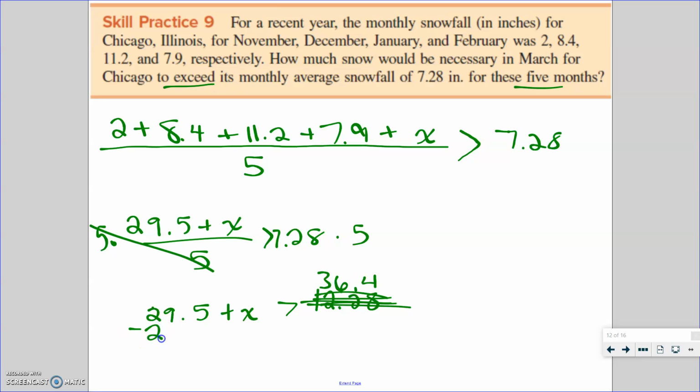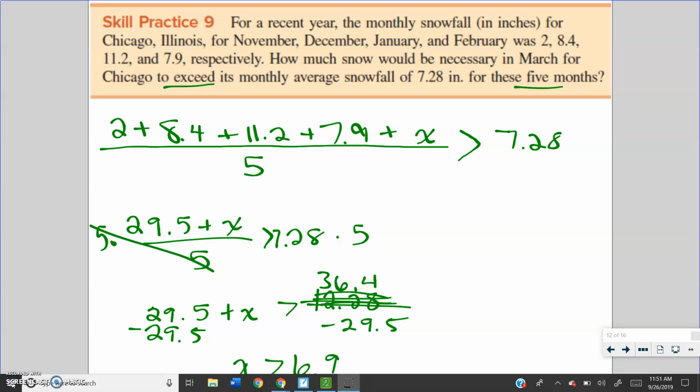Subtract off your 29.5, and we get X is greater than 6.9. Okay, so we get that X has to be greater than 6.9.